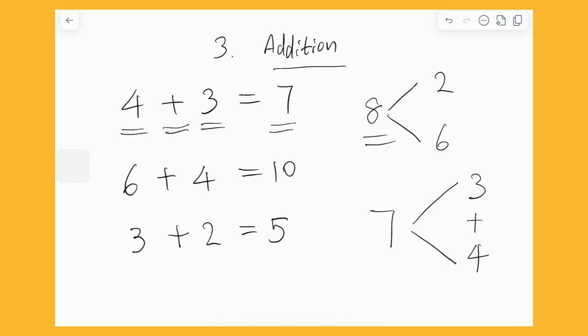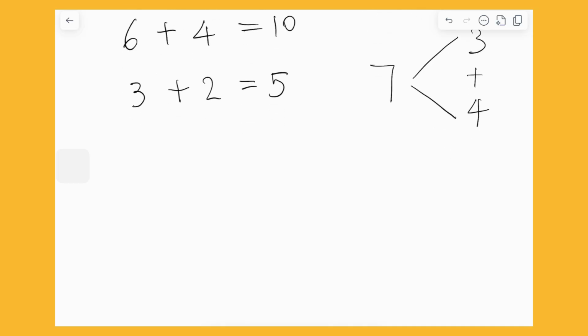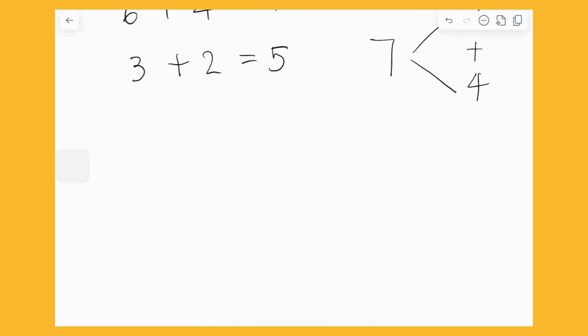And now we can take a look at other methods of addition. For example, we'll have 4 here, and if we say 1 more, that means 4 plus 1, right? It equals to, think about it, 5.